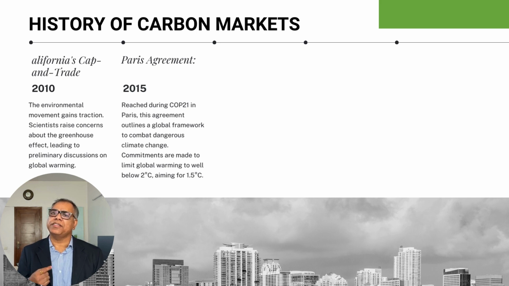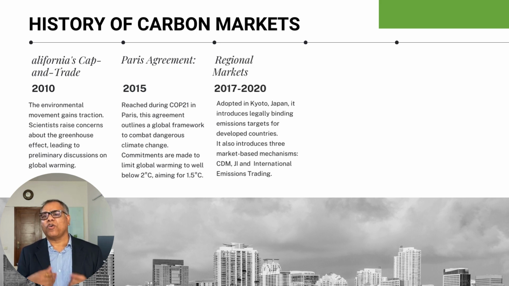All countries agreed that they will limit temperature rise to 2 degrees centigrade and they will aspire to limit it a little lower, to 1.5 degrees centigrade. And that is the reason we are all working hard to reach these commitment levels of 1.5 degrees centigrade. Aspiration is 1.5 degrees centigrade, but we have agreed that at least 2 degrees we have to manage.